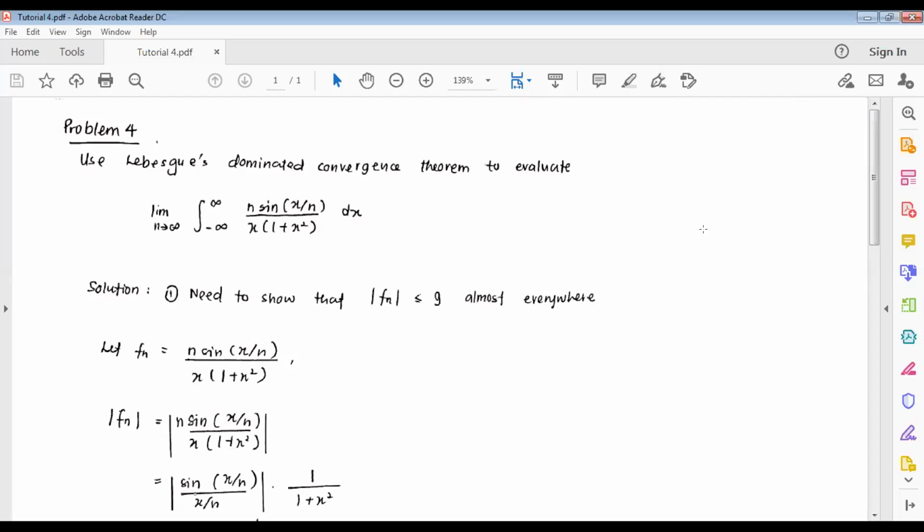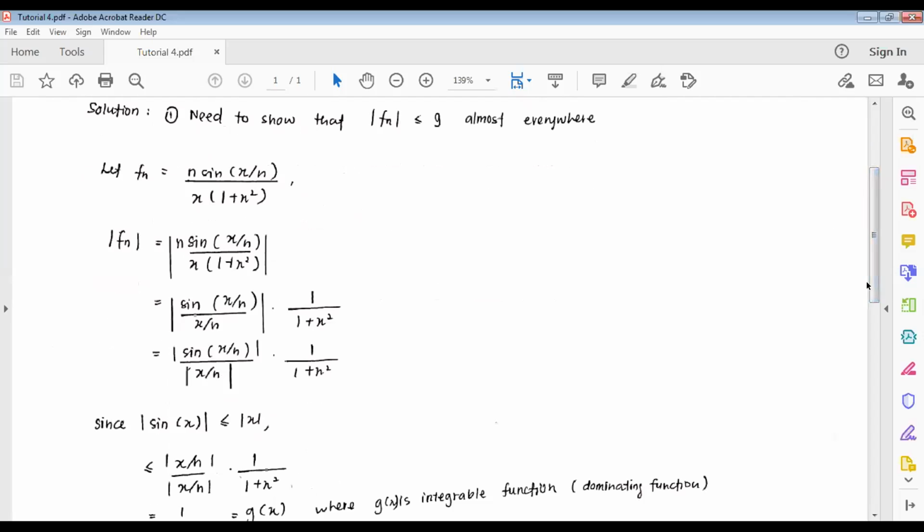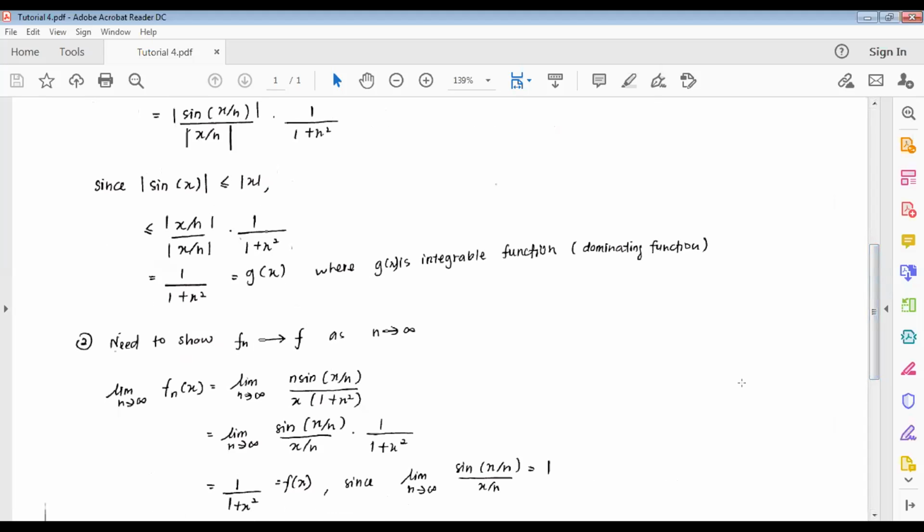So we calculate the absolute value of f_n, and then we need to show that the limit of f_n is f as n approaches infinity.